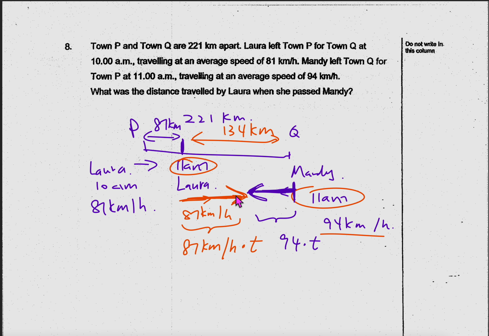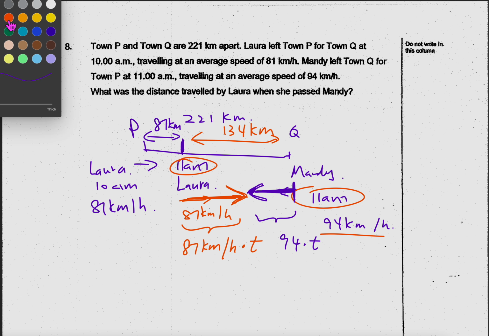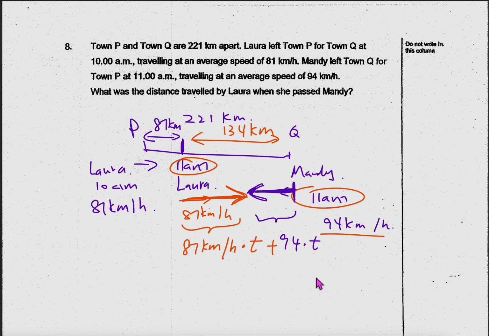Then these two arrows, orange and blue, should add up to the distance of town P and town Q. Can you see? They travel from 11 a.m. is here. So these two distances will actually equal 134, right?